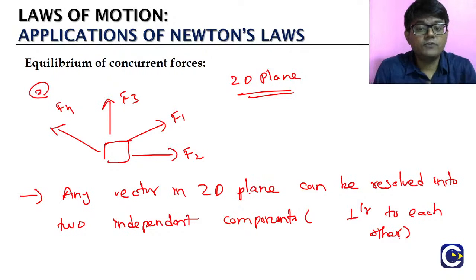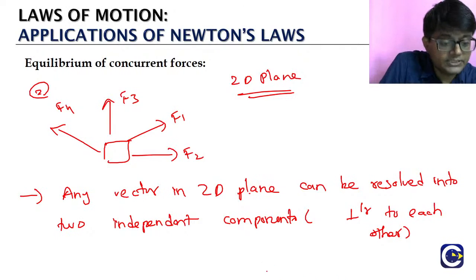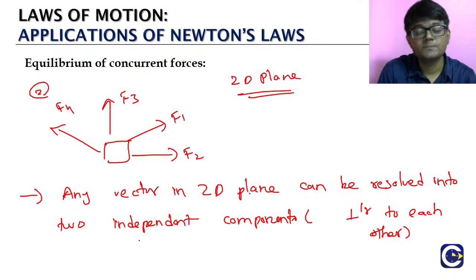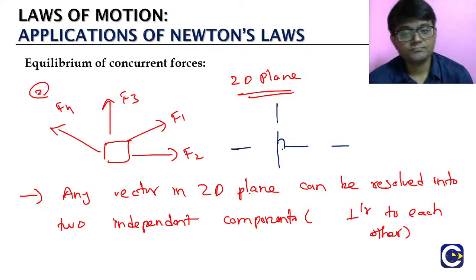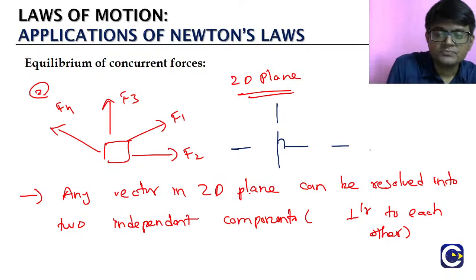If you take the vectors into two perpendicular components, the general directions we are going to choose are horizontal as one direction and vertical as the other. We are going to take the horizontal component of each and every force.